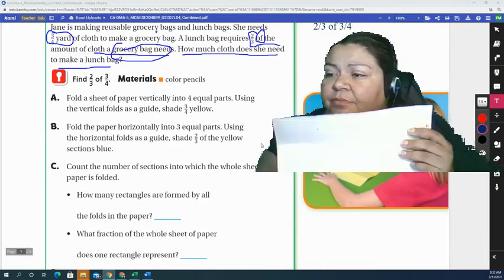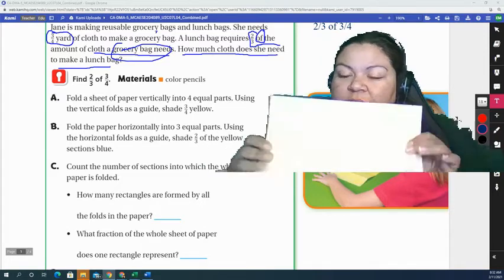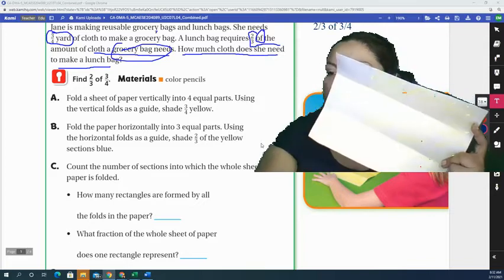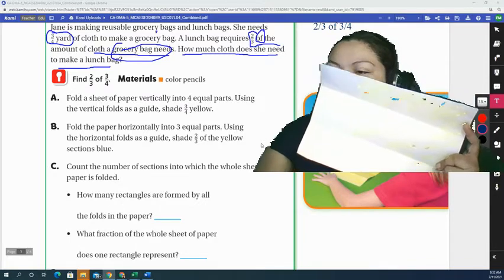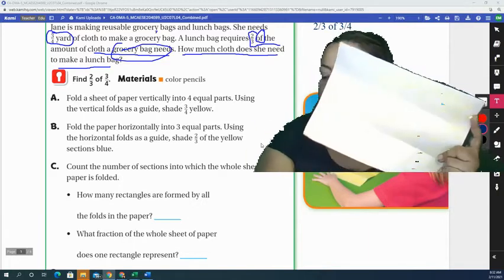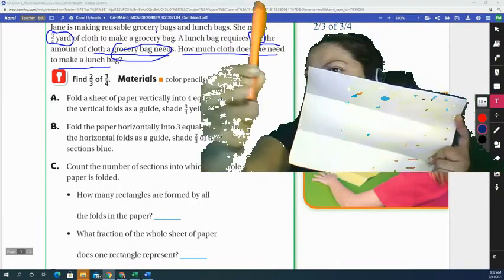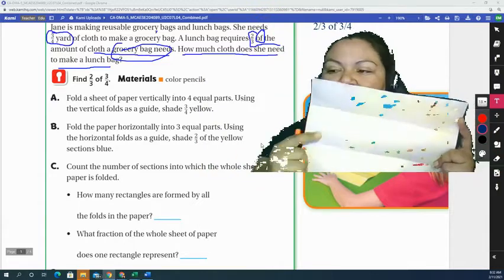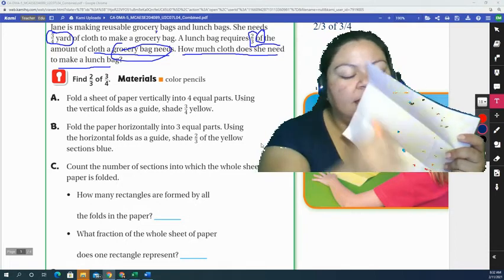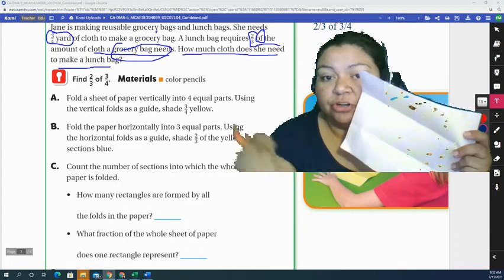But now I already folded in 3, and now I'm going to highlight 2 of these 3 sections, and I'm going to do it a different color. So I'm going to use my orange, and I'm going to color 2 out of the 3 to show 2/3.